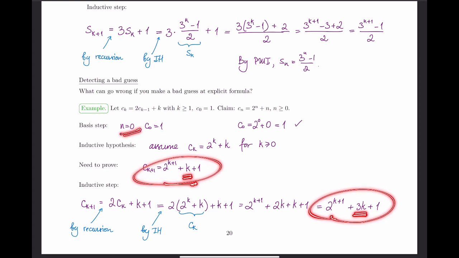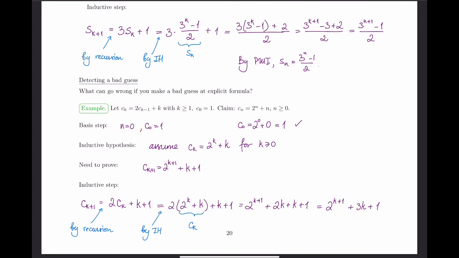So in fact, the only time this ever works is the base case, because that's when k or n is equal to 0. And anything above that will not be true. This is not the same as what I need to prove for any k above 0.